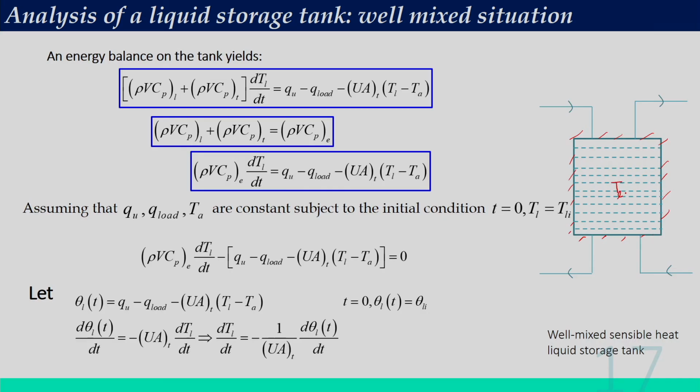Say, for example, these are arrays of collectors, connected in series and parallel to achieve a required temperature, and that is supplied to this storage tank. Let m dot be the mass flow rate of the water introduced into the tank, coming from the collector.